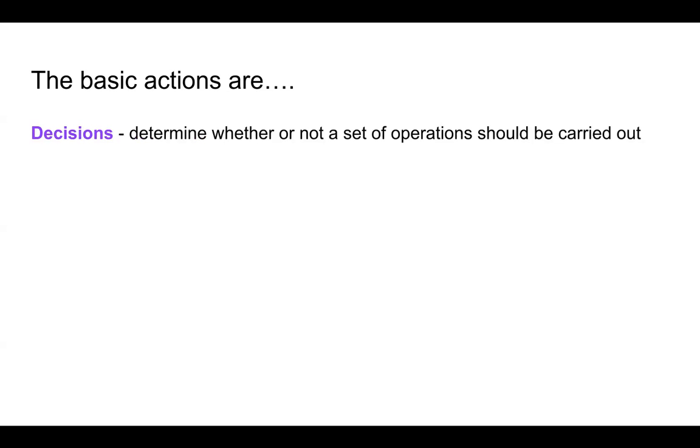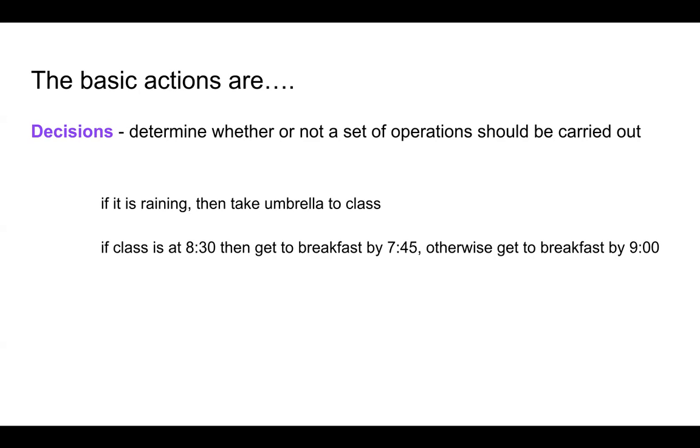The next basic operation is decisions that determine whether a particular set of operations will be carried out or not. These make it possible for the computer to choose between several operations or between several groups of operations. You make decisions all the time, and we can make the computer carry out that same sort of process.